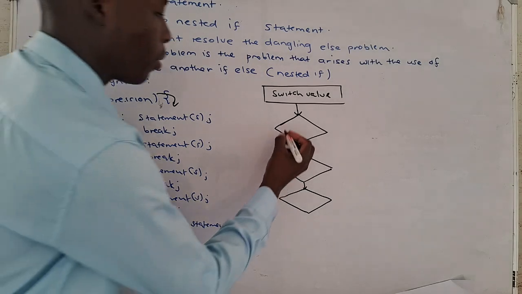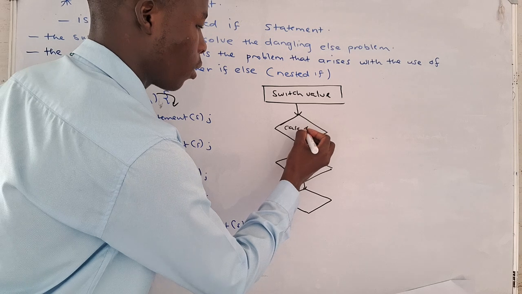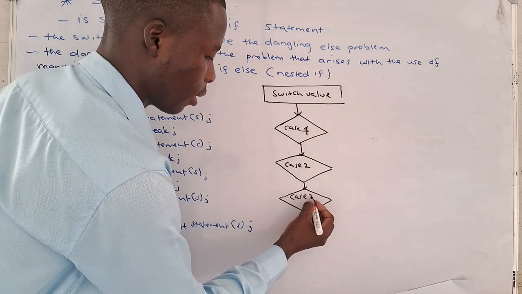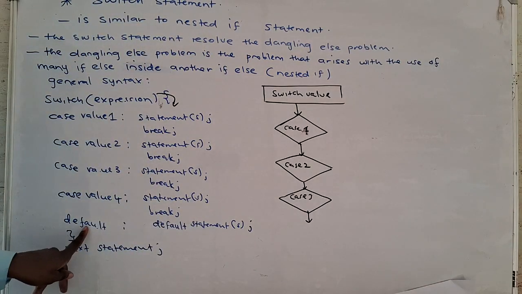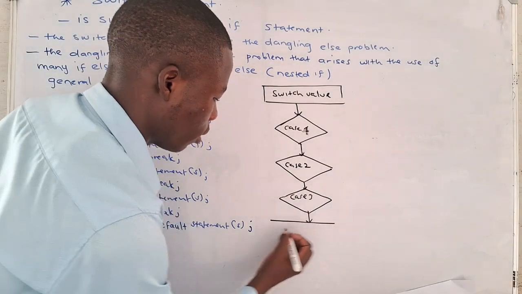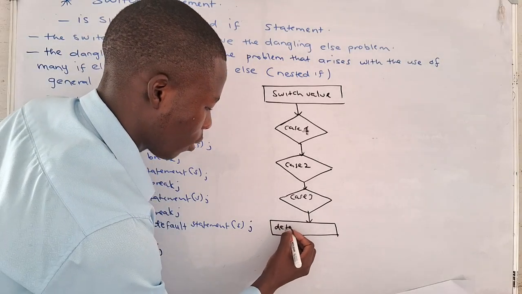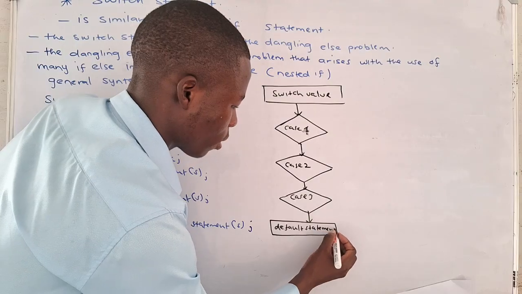Suppose you have case number 1 here, case number 2 here, and case number 3 here. From case number 3, you are supposed to have the default statements.